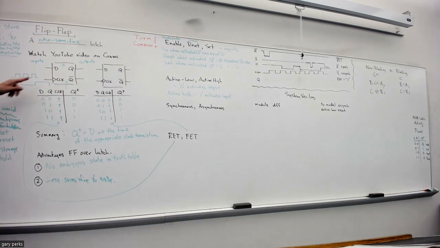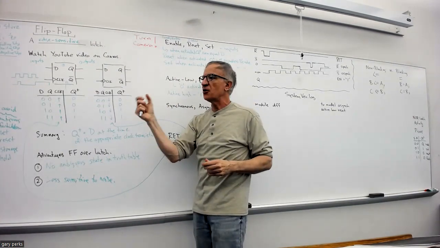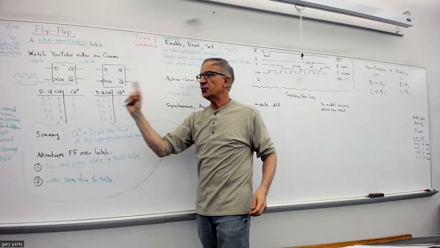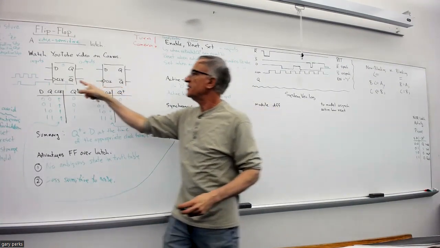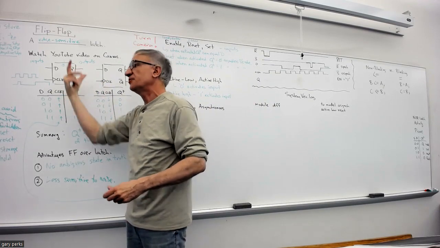Well, no, this D input can be 0 or 1. S and R, again, all these inputs are binary, they're bits, so they can be either 0 or 1. It's just that if you have an active low, it means you have to have a 0 to make that input happen. If you have a reset input and it's active low, it takes a 0 here to get it to reset.